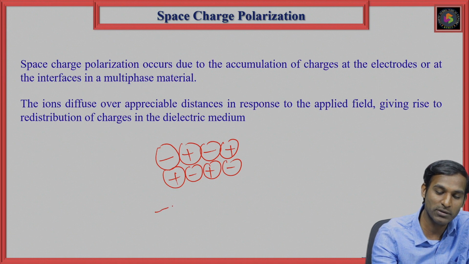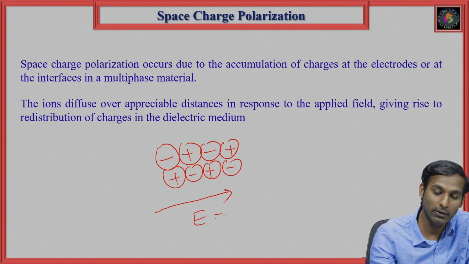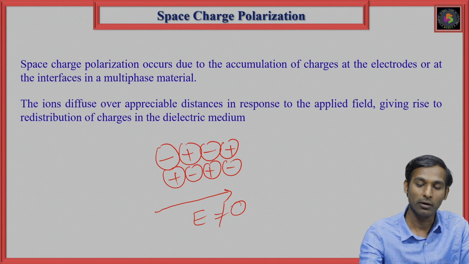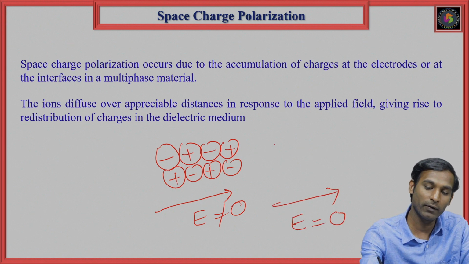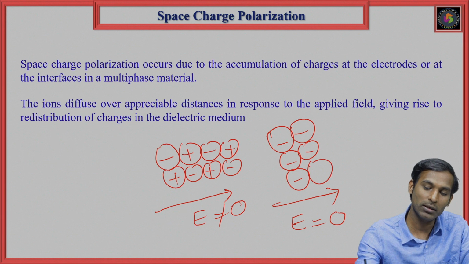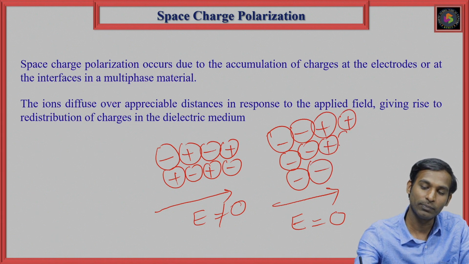In the absence of an external electric field, there is no such polarization. Now, in the presence of an external electric field, all negative charges will come to one side and positive charges will go in the other direction. This is said to be space charge polarization.